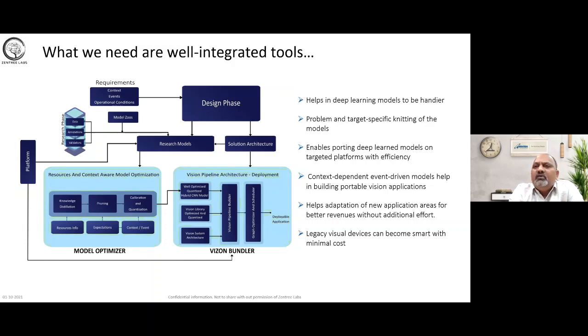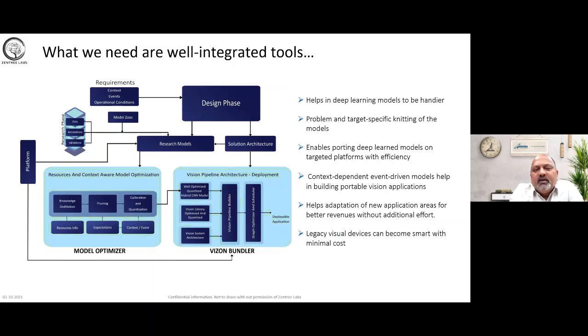If somebody says I need an object detector, then go and browse for an object detector. You may go to Hugging Face or Papers with Code or other sites, and you may get some model. But will that serve your purpose? What are the other models that you may be required to run simultaneously?